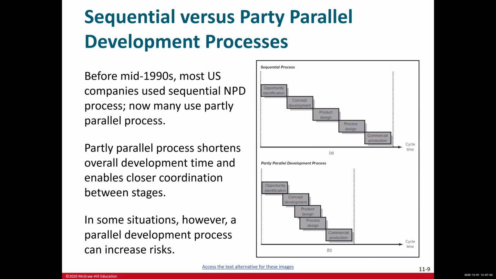So many organizations, especially in the US, used to deploy this traditional sequential process for their NPD. However, now many organizations, as you watched in the video as well, use agile methodology, which has a partial development process and a lot of overlaps between different stages.